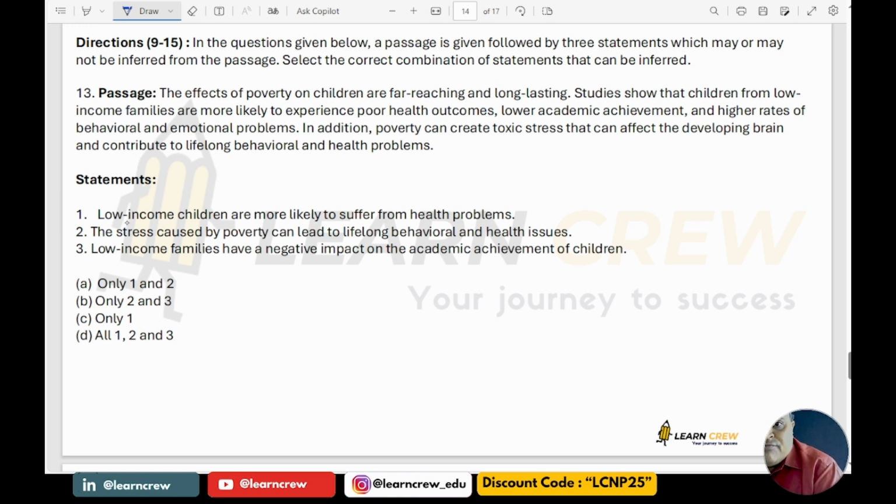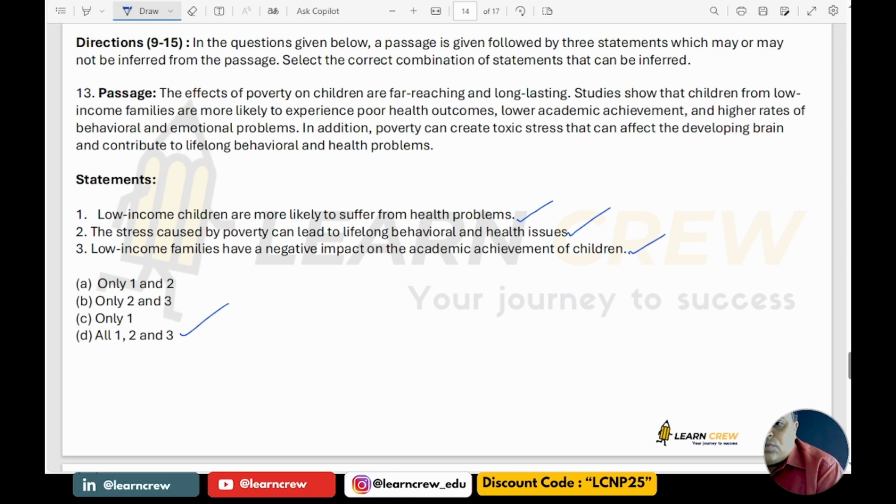If you see here, first one, low income children are more likely to suffer from health problems. So it is a valid inference. Second one, the stress caused by poverty can lead to lifelong behavioral and health issues. It is also a valid inference. Third one, low income families have a negative impact on the academic achievement of children.